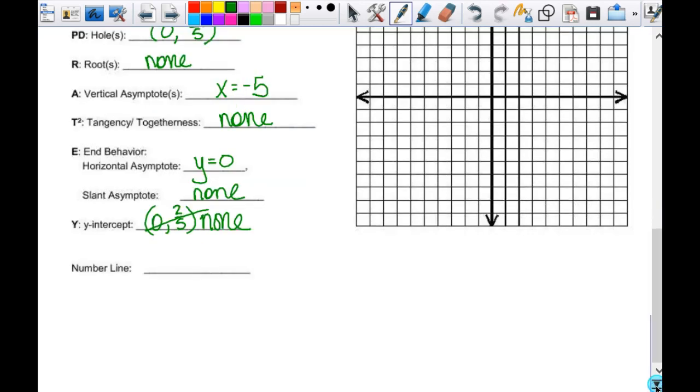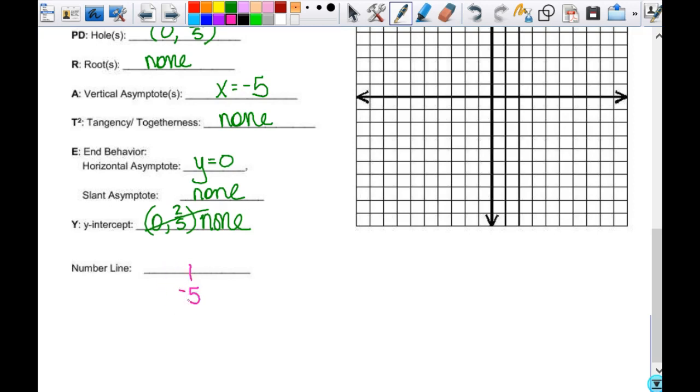So on my number line, I'm going to put my x-intercepts, which I have none, and I'm going to put my vertical asymptote, which I only have 1. So right there, I have this negative 5.